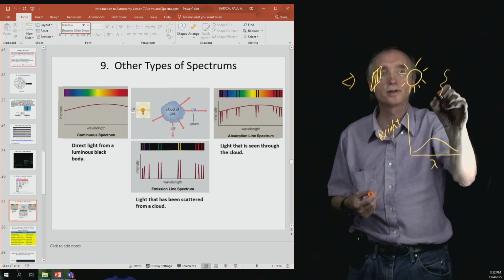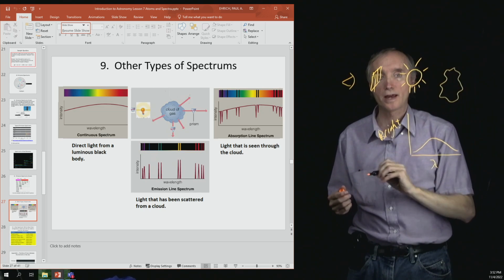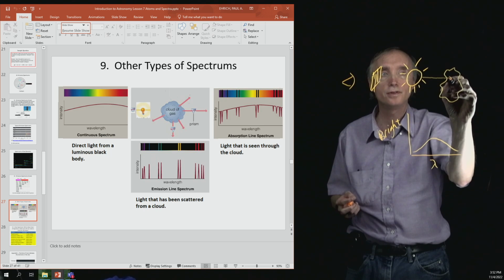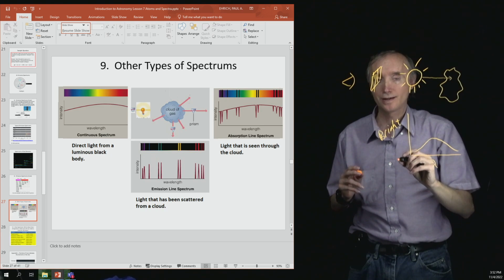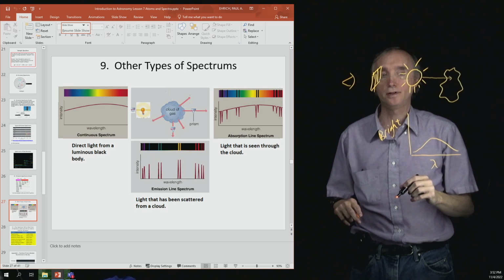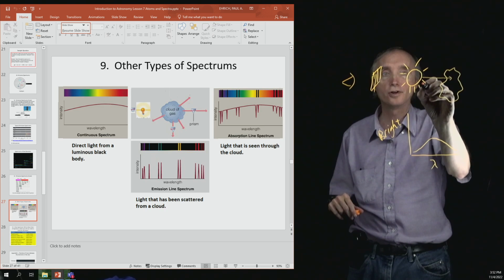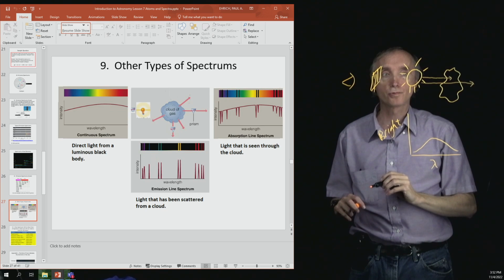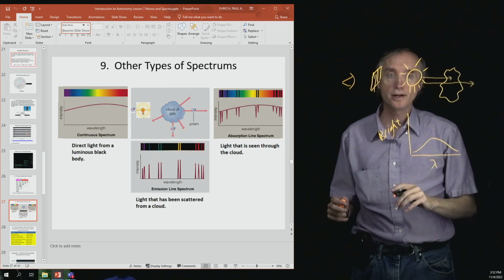and what we're going to do is, let's say that this is a cloud of a particular gas. So some of this light is going to hit the atoms and excite them if it's the right frequency. If it's the wrong frequency of light, then the light just keeps on going and it goes right through the cloud and doesn't do anything.